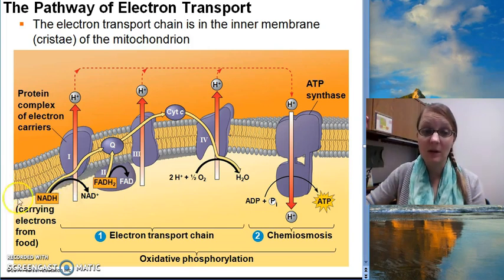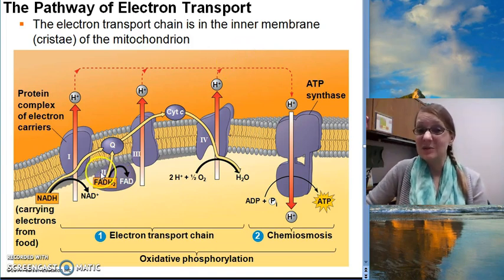So for example, NADH drops off its electrons at protein complex 1. Those electrons have a chance to help pump protons across using protein complexes 1, 3, and 4. They can pump a lot more of those protons across if they're dropped off at protein complex 1. On the other hand, FADH2 skips that very first protein complex.